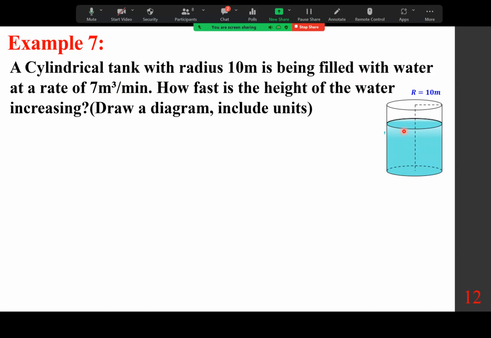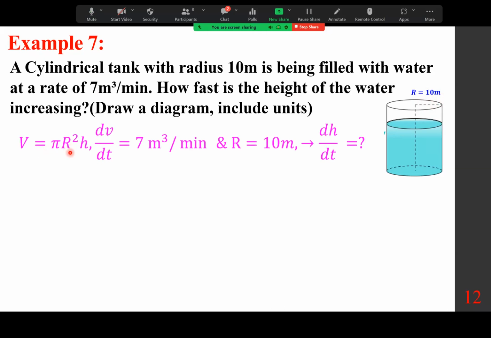So the volume is pi r squared h. You should know that where dv dt is 7 cubic meters per minute, r is fixed at 10 meters, and we want dh dt. This is a formula from geometry, algebra, trigonometry, you name it.